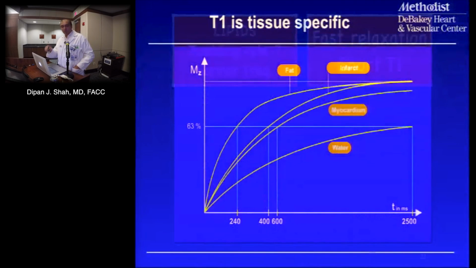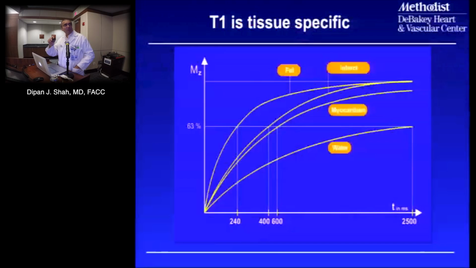And so this is an example of what it would look like for myocardium, the rate of recovery without contrast, and then myocardium if I gave contrast, and especially if I look at an infarct, which takes up a lot of contrast, you'll see that the T1 rate of recovery all of a sudden gets much faster.